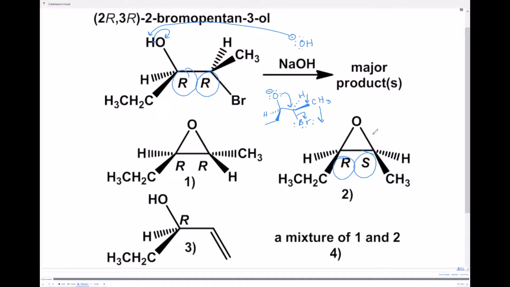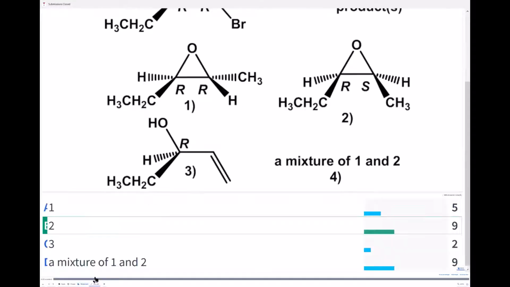But remember that depending on the identity of your nucleophile and your leaving group, when you do an SN2 reaction, it may not change the official designation of the chiral center, but it changes the relative configuration, which might not be different from the absolute configuration. Okay, so that's how we get answer number 2.